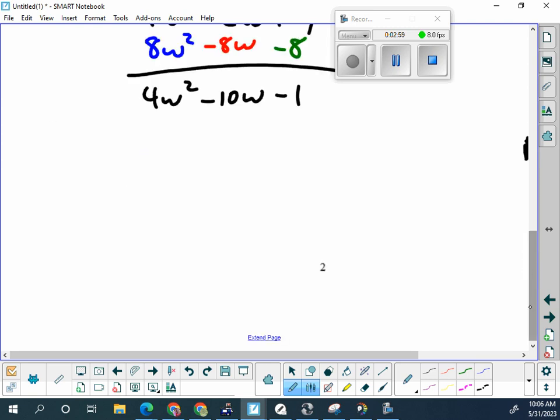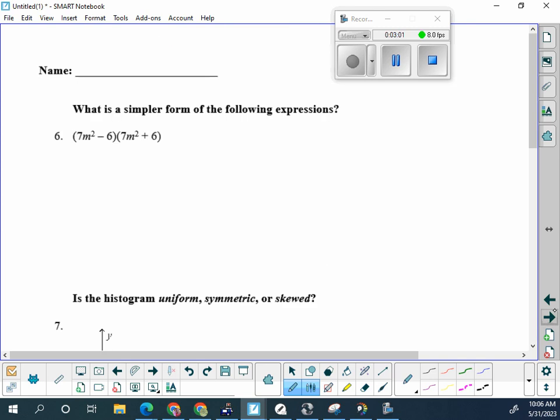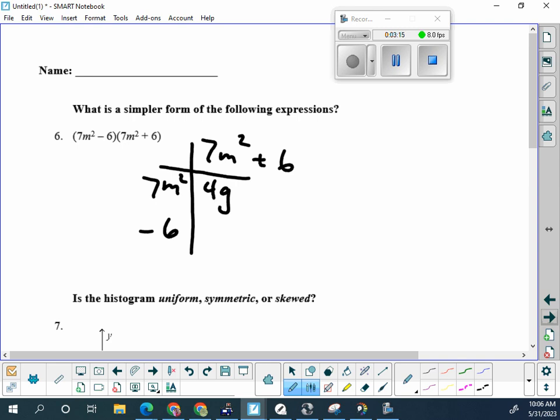Moving on to question number 6. Again, going quickly, so to make the video short. I boxed this up. There's a quicker way to do this, but I'm going to use the box method on this. Minus 6. Okay, when I multiply it out, I get 49m to the 4th.